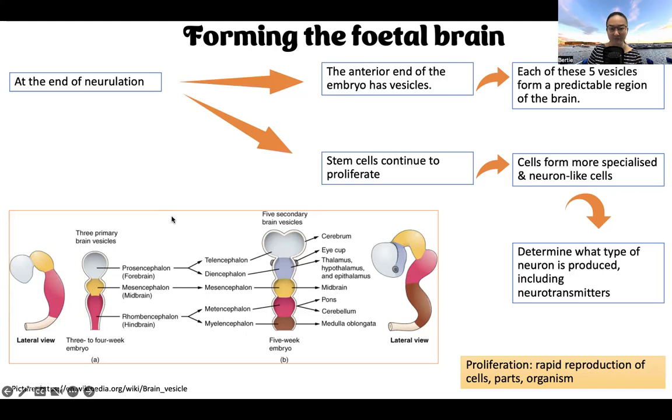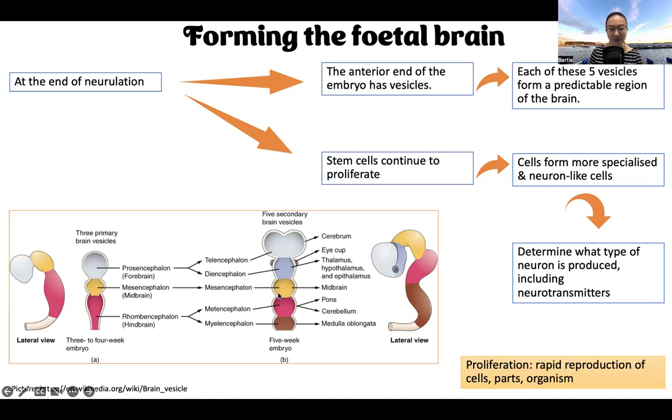5-week embryo. You can see here the picture. In 5 weeks, there are 5 secondary brain vesicles. The telencephalon becomes the cerebrum. And then the diencephalon becomes the eye cup, and then the thalamus, hypothalamus, and epithalamus.